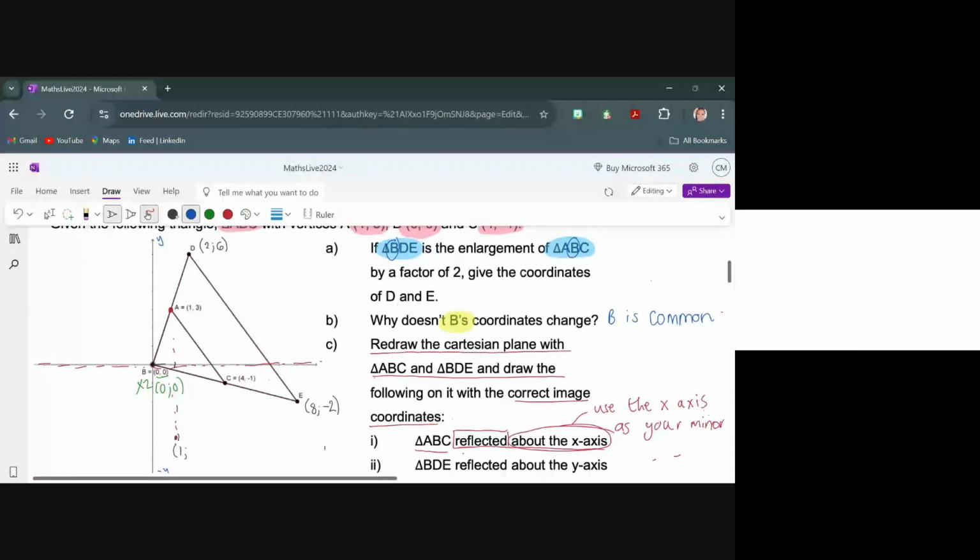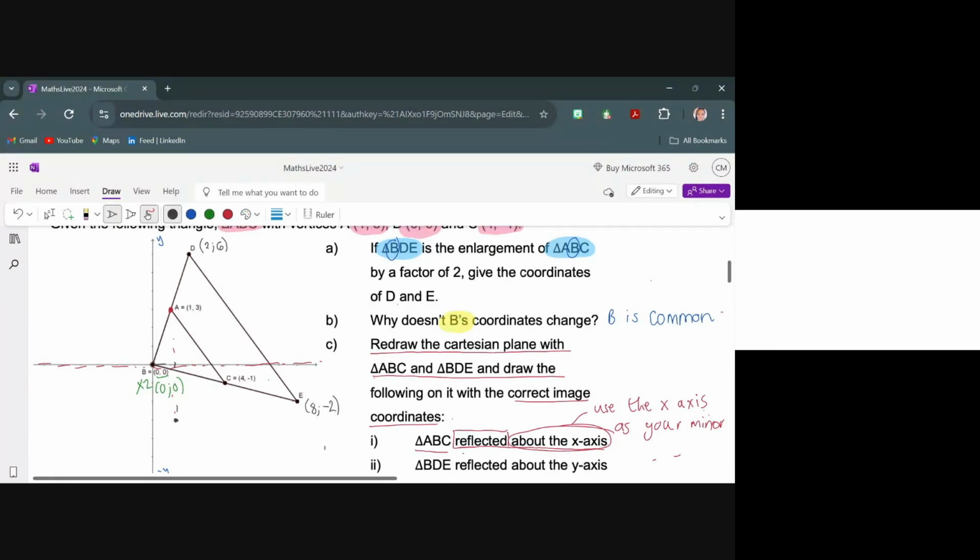My y value has come down onto the negative y side. I think I've put it in the wrong place. 1, 2, 3. My point should actually be over here. Because it's a mirror image, if my y value was positive 3 over there, when I flip it, it just needs to become negative 3.